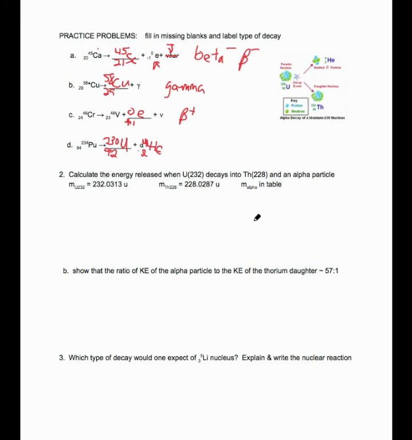Okay, another one we want to be able to do is figure out how much energy is given off for a particular decay, especially in alpha decay. So we have uranium-232 decays into thorium-228 and an alpha particle. We want to know how much energy is released. And this is very similar to problems we did before. We want to figure out delta M, which is basically equal to the mass of the uranium minus the sum of the products, the mass of thorium plus mass of the alpha.